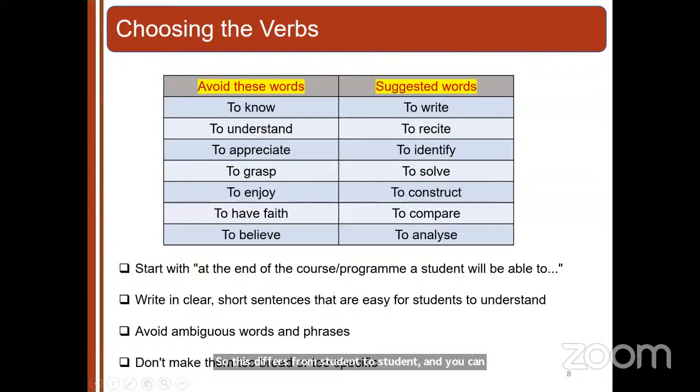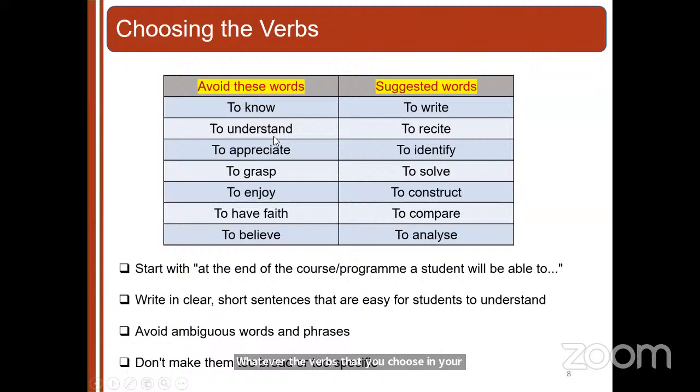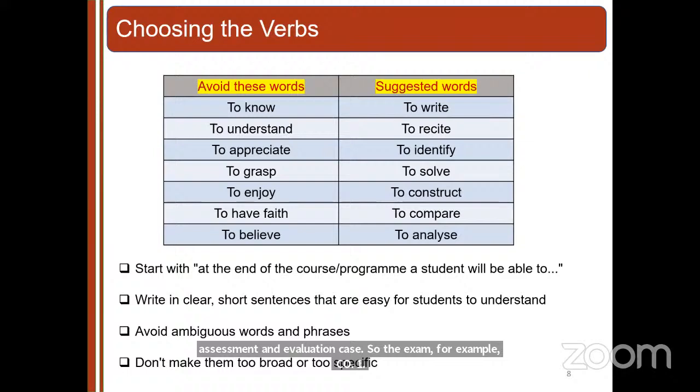what understanding is. And at this point, I would like to pause for a minute and tell you that whatever verbs you choose in your course outcomes matter, because we are going to talk about assessment and evaluation in today's case. For example, CO1 is to understand the behavior of a material under some thermal stress.